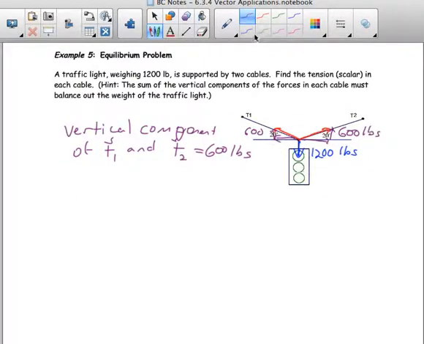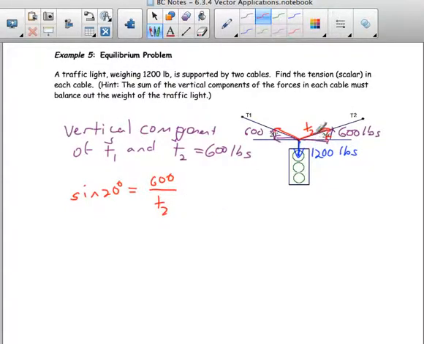Given that, I can use right triangle trigonometry now, using this right triangle here, and I can say that the ratio that I want to use, I'm going to call this T2 up here, would have to do with the opposite over the hypotenuse, so I should use sine. So I could say sine of 20 degrees is the opposite side, which is 600, over the tension, which I'm going to call T2.